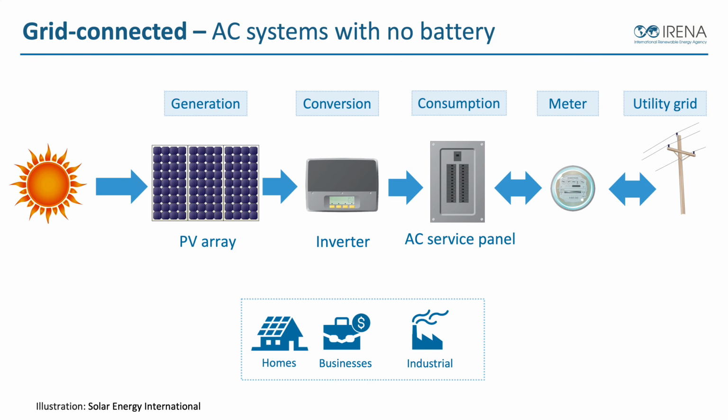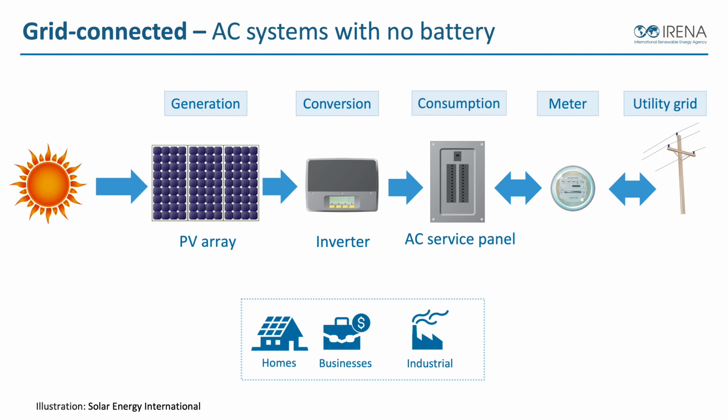So if we look through this diagram, we generate with our PV array, we convert DC to AC with our inverter. We also use that inverter to synchronize with an existing AC source like our electrical grid. We push that energy from the solar into our AC electrical service panel, where our electrical loads are. So we can either consume that energy in the home or in the business or in our factory at that point of connection to our AC electrical service.